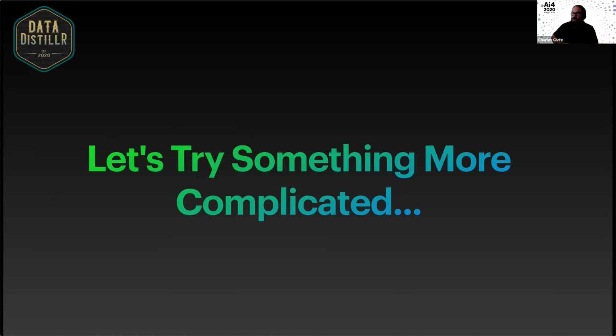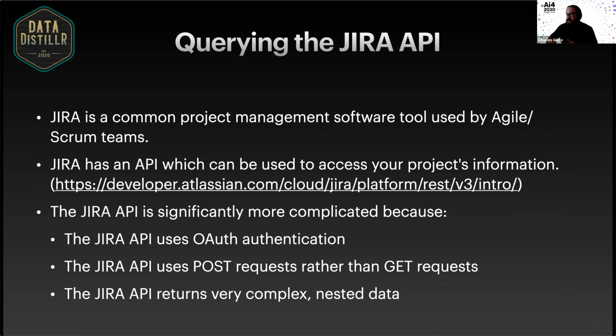So let's take a look at something that's a little bit more complicated, and that is Jira. Now, I would assume that everybody listening to this talk is familiar with Jira, but if you're not, Jira is one of the more popular project management, agile software, agile boards or Kanban board software that's out there, and it's commonly used in the tech world.